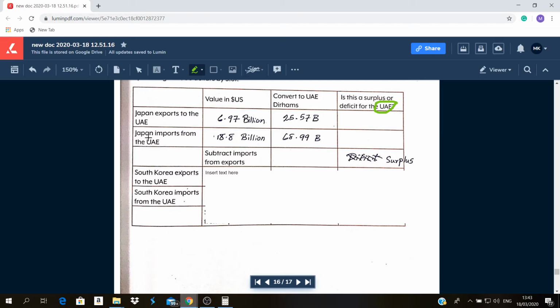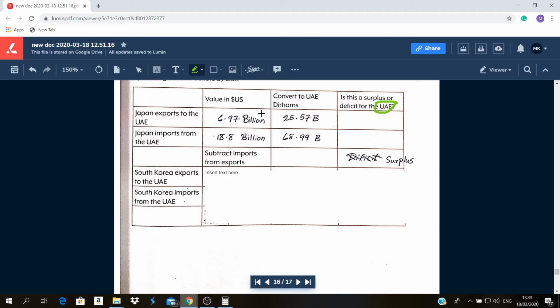No, it's receiving. According to Japan, this is the received amount, but for the UAE, this is the export. So exports of the UAE are 18.8. Imports of the UAE are exports of Japan. It's 6.97. Which one is more, imports or exports? Exports of the UAE are more, so it's a surplus.